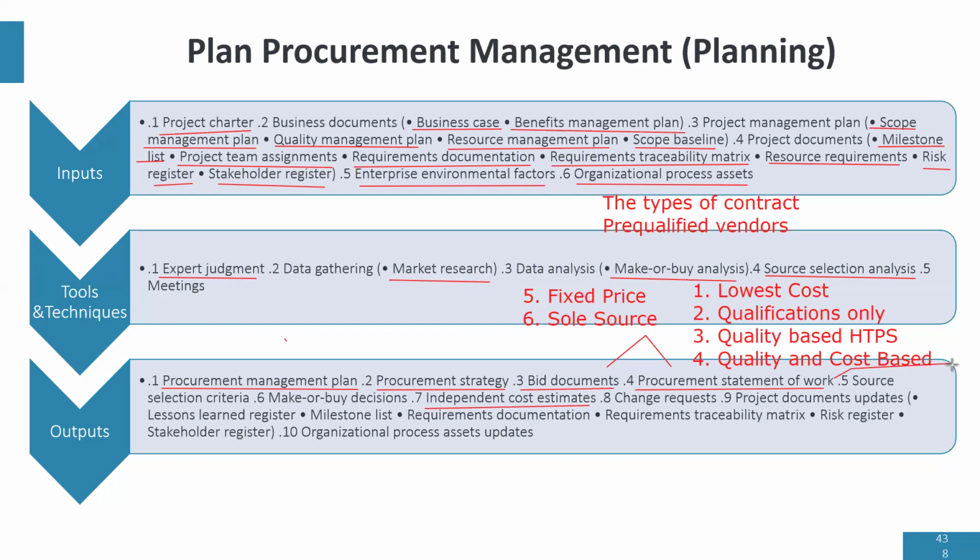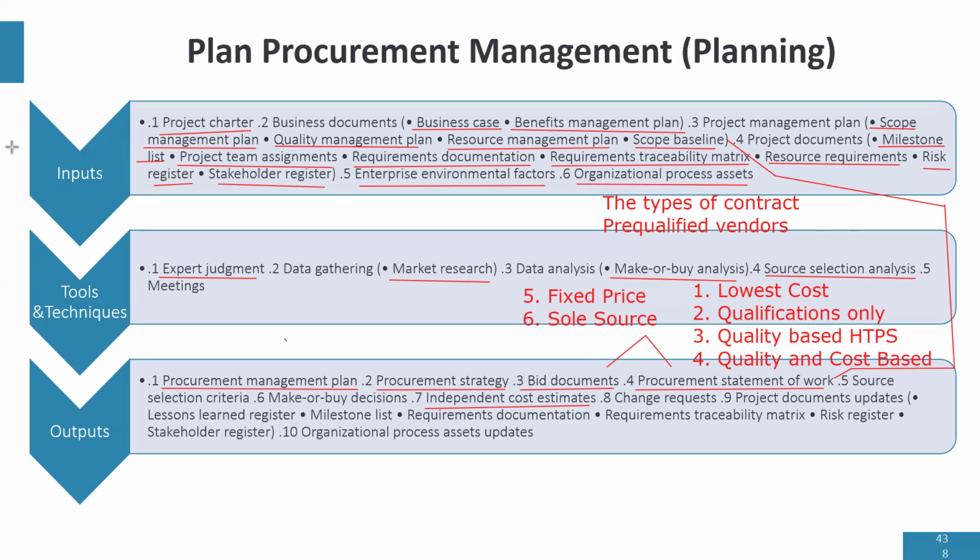And this scope of work is actually drawn from the scope baseline. Why? Because the contract is actually part of the project scope, but a portion of the project scope that is going to be outsourced.